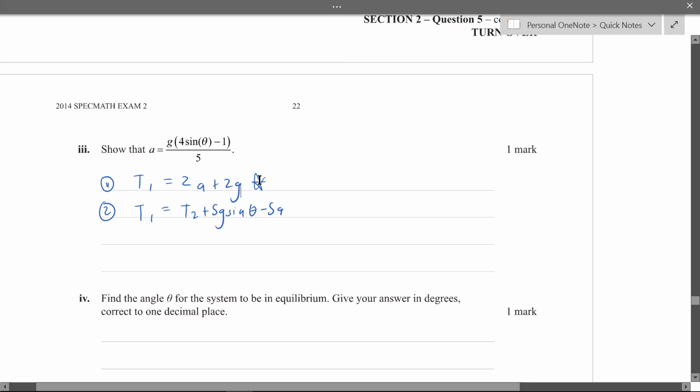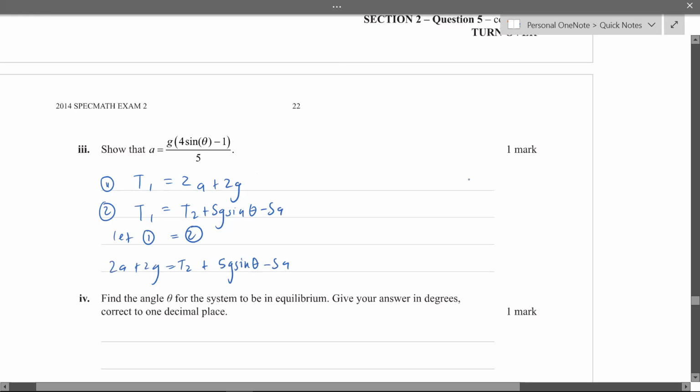But yeah, you just equate it. 5g sine theta minus 5a, and simplify it, so 2g.